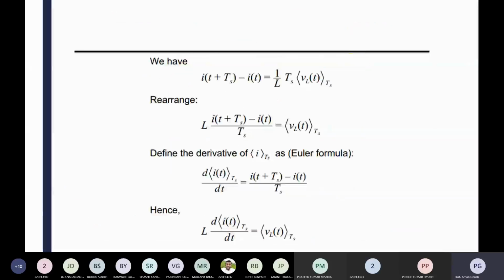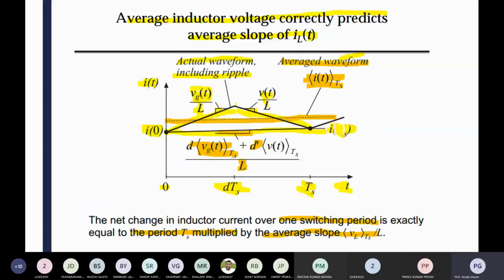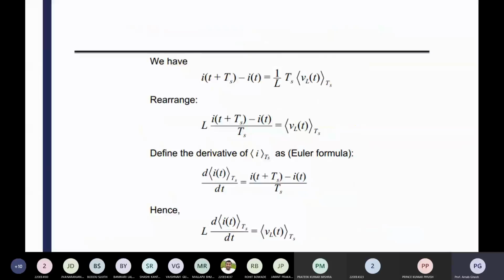So here you can see that we can write down the equations. If it is your switch, i(Ts) means the current up to the switching instant, over the switching period.